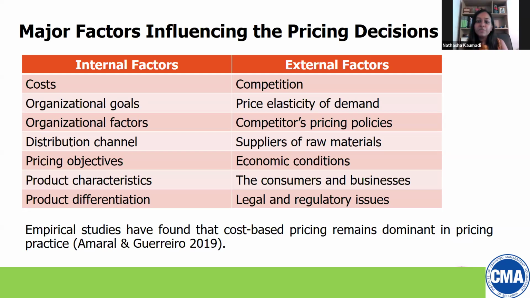So the price would be different, right? And then distribution channel, whether you are using your own distribution channel or a third party distributor. If you are using your own distribution channel, you will have to take care of the vehicle maintenance, fuel cost, driver salary and everything. But we don't know what the cost is if we are using a third party distributor. So in that case, price would be different. We have to think about those things when we are pricing a product.